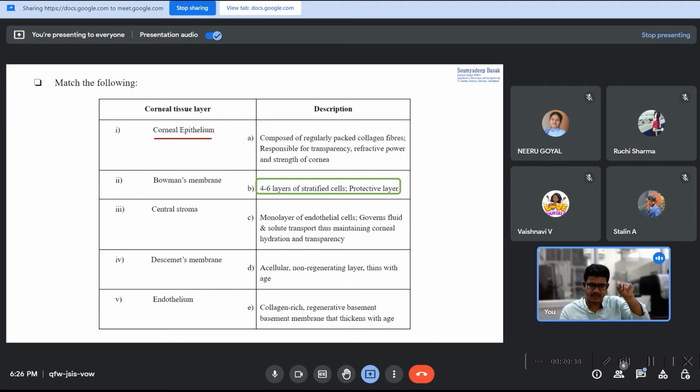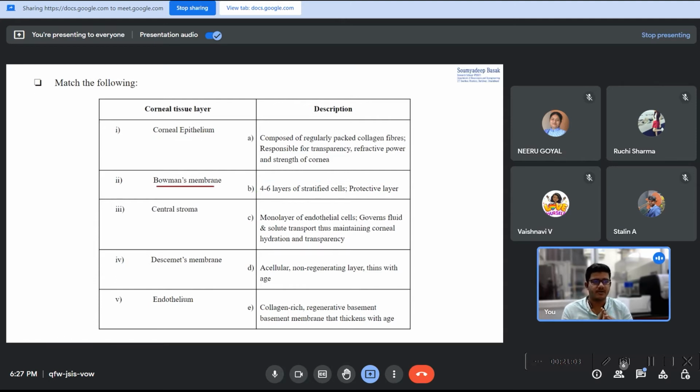This is not an acellular part. The epithelium is very much cellular. It has 4 or 5 layers of cells, and there are various other structures that are very important for its function. Right? So option B, that is 4 to 6 layers of stratified cells and protective layers.